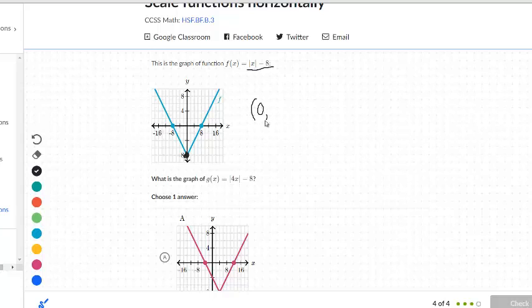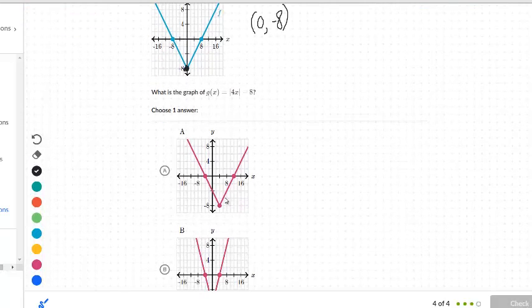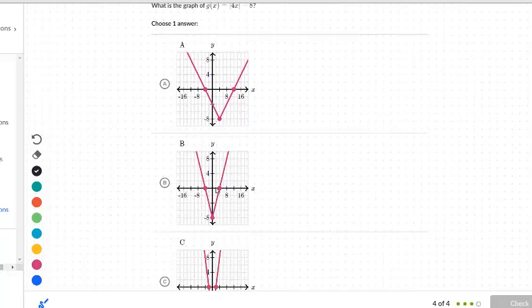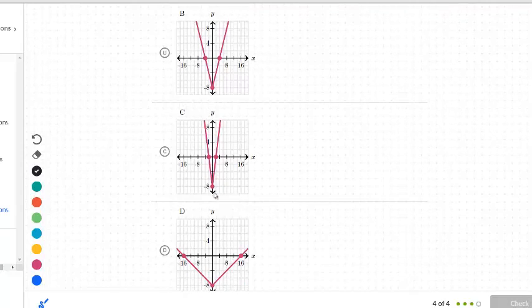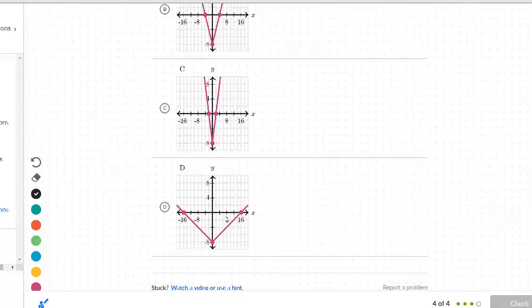Our y-intercept is still the same. I better see a vertex at 0, -8. Everything else is just getting either sucked into the y-axis or pushed away from the y-axis. Okay, so I can already eliminate A. B is still in contention, C is still possible, D is still possible.